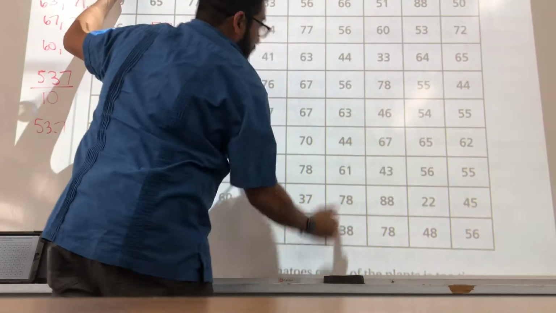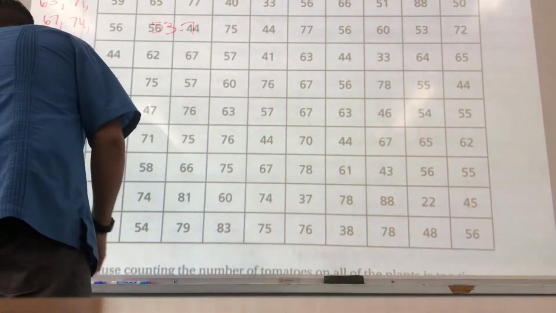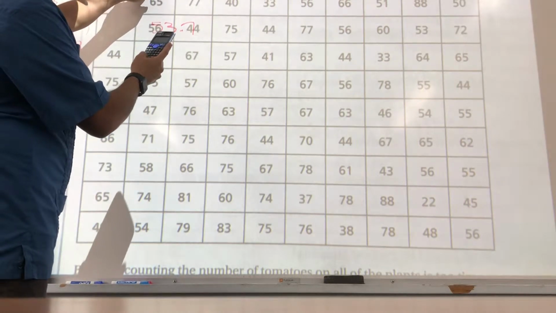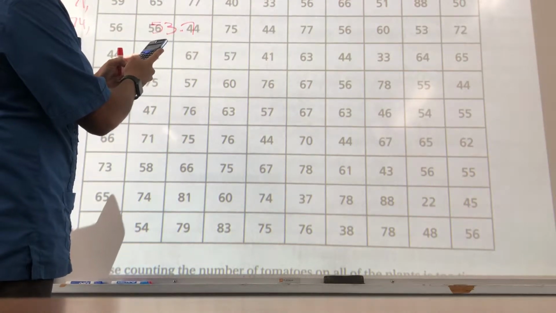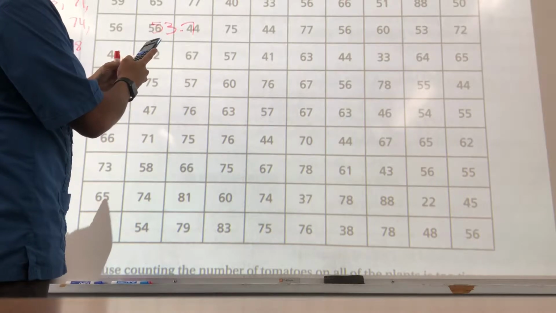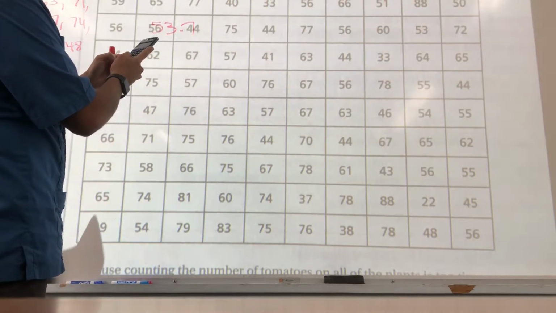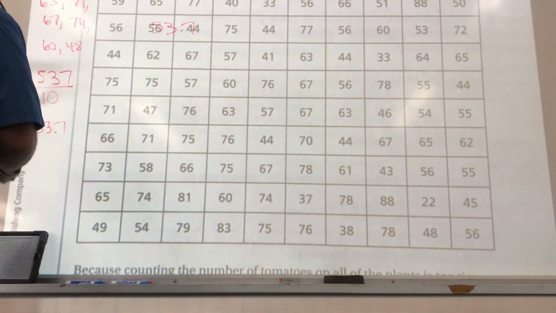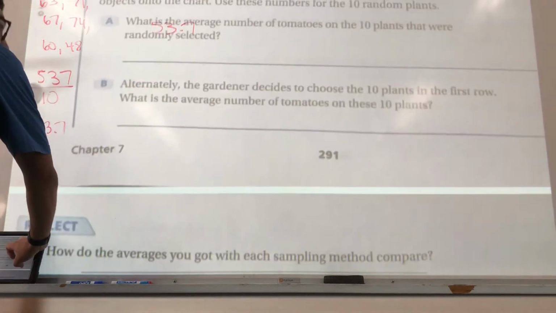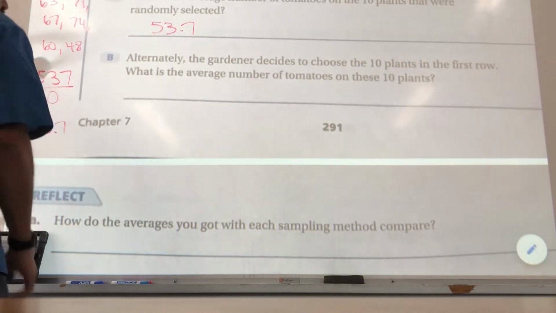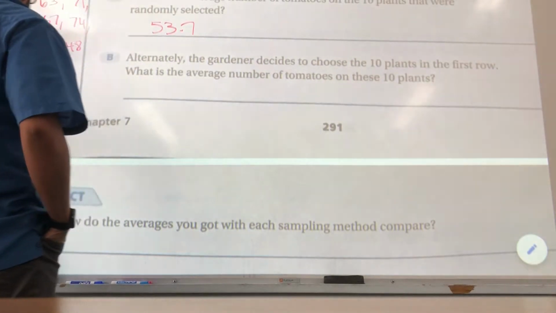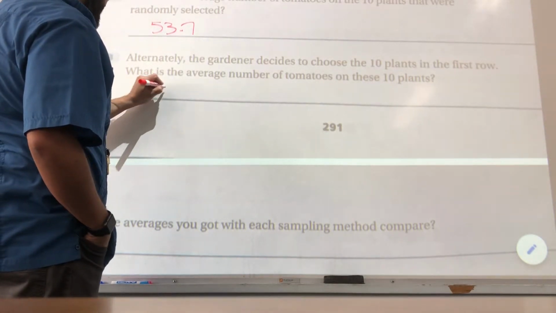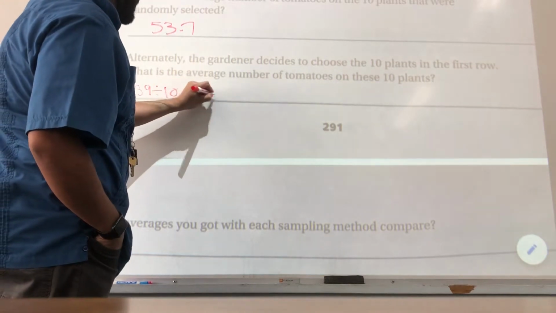Let's add these first row numbers really quickly: 12 plus 18 plus 18 plus 14 plus 20 plus 11 plus 15 plus 9 plus 12 plus 10, okay, 139. 139 was the total, there were 10 plants, so that's going to equal 13.9.